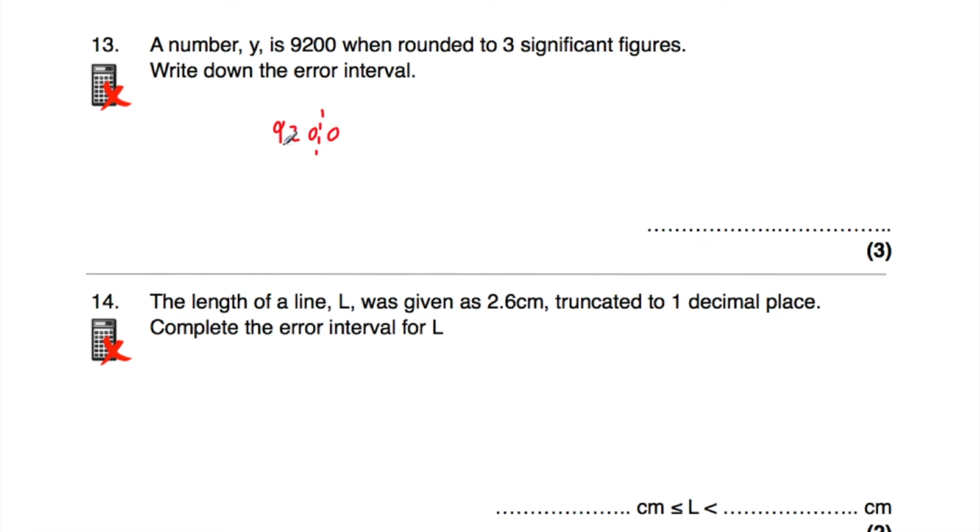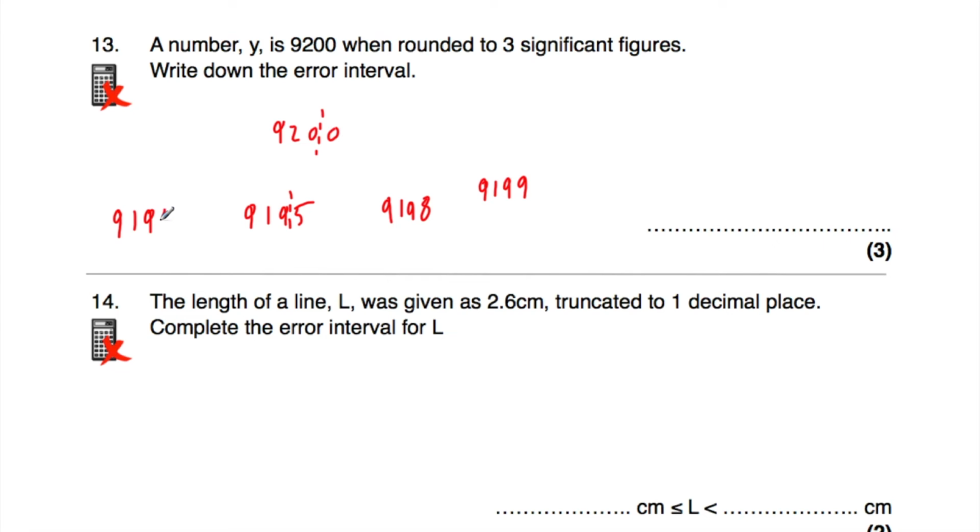So let's consider the numbers below 9,200 and consider which ones would round to be 9,200 when we round it to 3 significant figures. So it could be 9,199, when we round that to 3 significant figures, it'll be 9,200. It could be 9,198, when we round that to 3 significant figures, it'll be 9,200. And it could be anything as low as 9,195, because whenever we round that to 3 significant figures, we would round the 9 up, so it'd be 9,200.